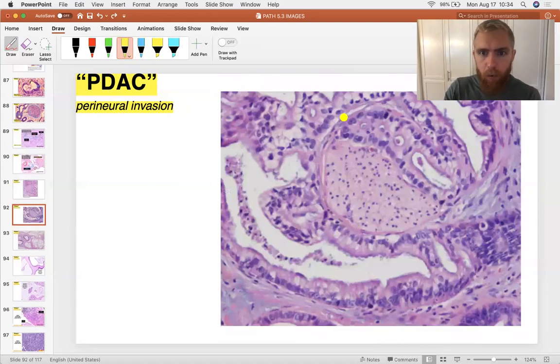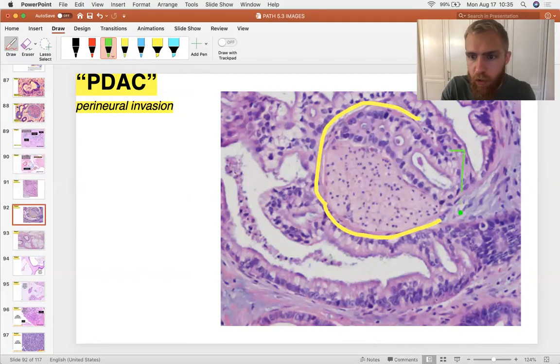Here's another example. Here's your perineurium. You can see the perineurium better. It's kind of red-pink in this image here. And it's going all the way around that nerve bundle and most of the tumor. And you can see over on the right-hand side of this circle where the cancerous ductal cells have squeezed their way, encroached into that perineurium.